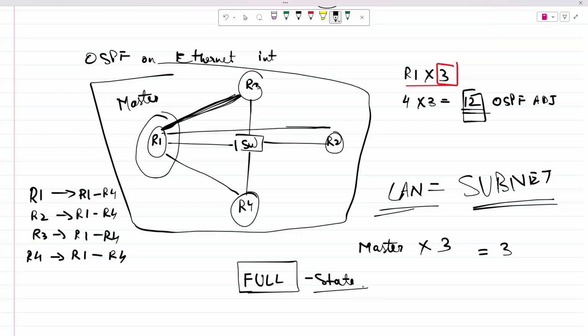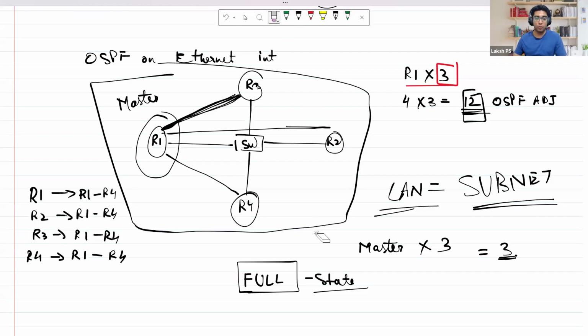So R1, the master, is going to exchange the whole database with R2, R3, and R4. R4 and R1 have adjacency, R2 and R1 have adjacency, R3 and R1 have adjacency. So instead of 12 OSPF adjacencies, you just have 3 OSPF adjacencies.